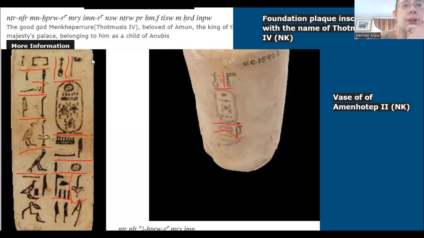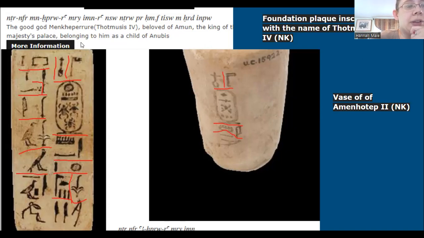So for this chunk, the king of His Majesty's Palace, belonging to him as a child of Anubis, you have to go to this vertical register here.